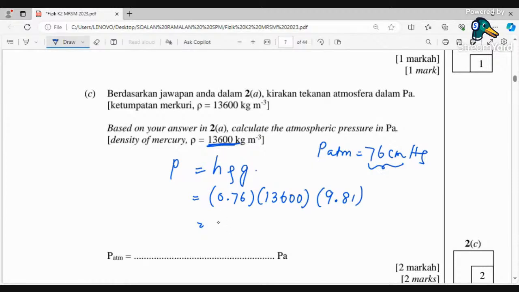So we get 1.014 times 10 to the power 5 Pascal. Make it 3 significant figures actually. You have the answer, just write it down in the answer space here.